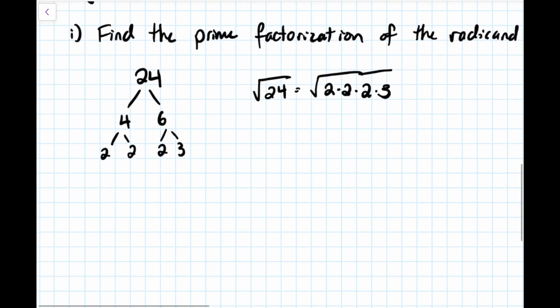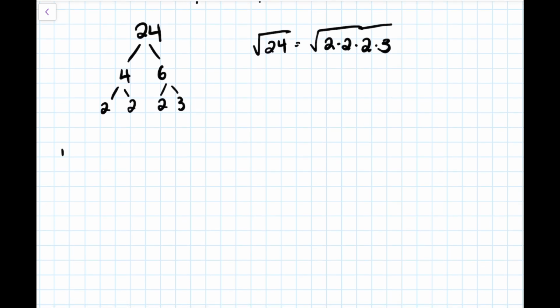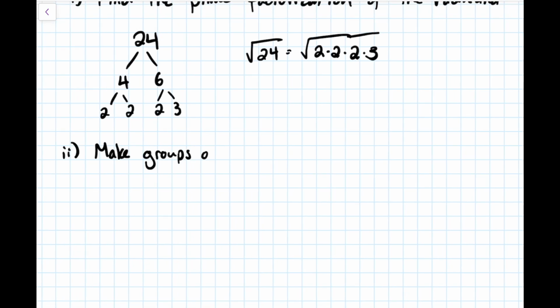All right, so now to pull stuff out, we are going to start making some groups. Groups of the same thing. And this is actually very similar to something you probably would have done even back in grade 8 when you were learning how to do roots of numbers. So same sort of principle, you would have been making groups back then too.